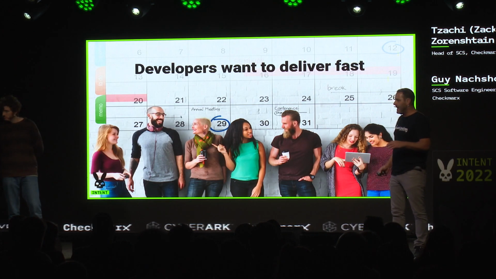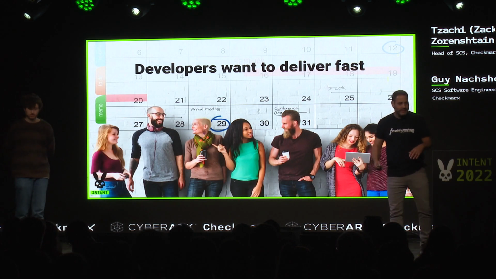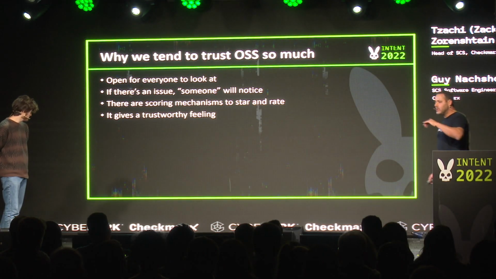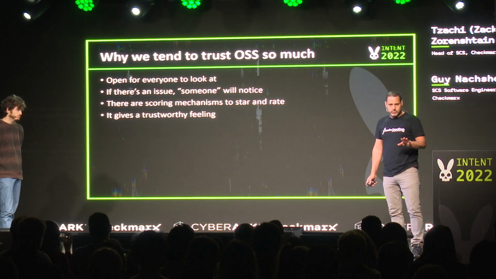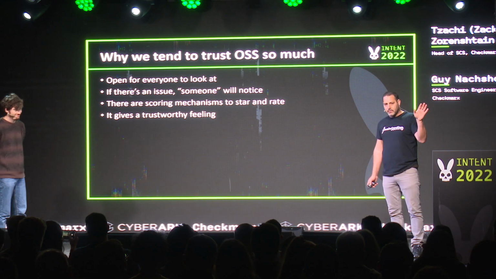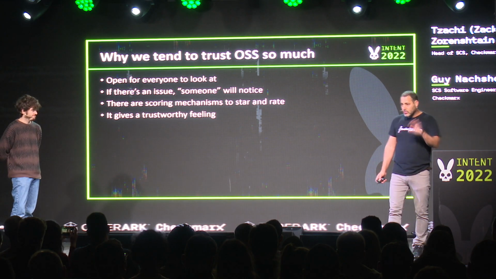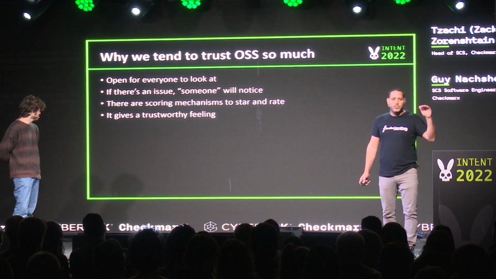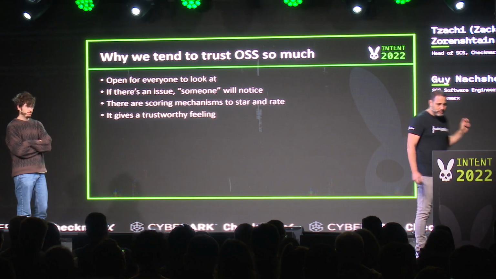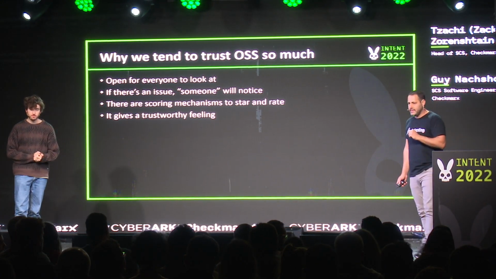So researching that, we quickly realized that developers tell themselves, I don't have time to do a code review. I have a lot of other things to do. But if it's open, somebody else, I don't know who somebody is, will review that code for me. And if there is a problem, someone will notice.